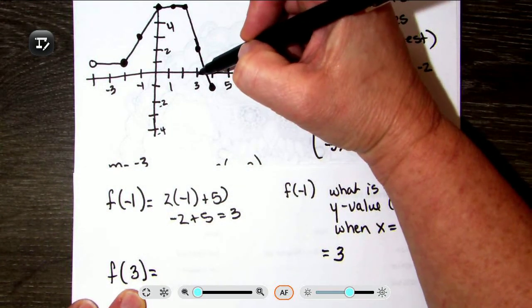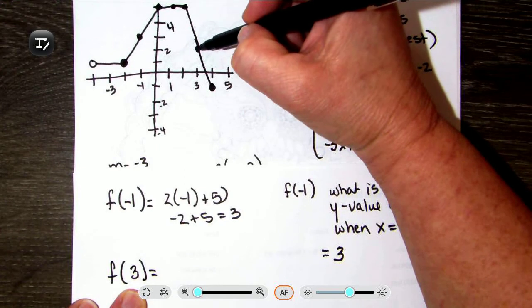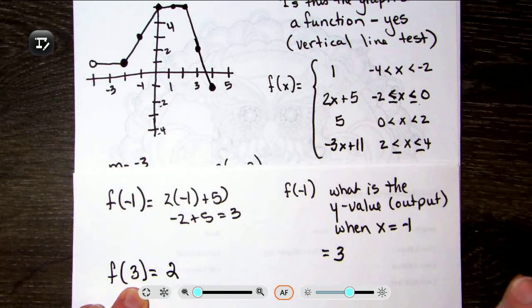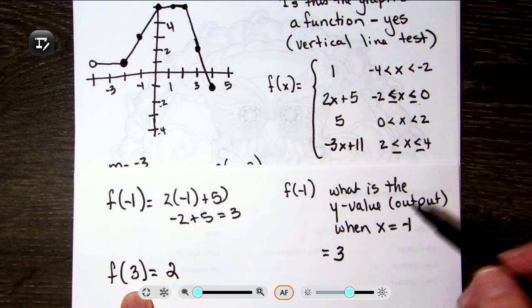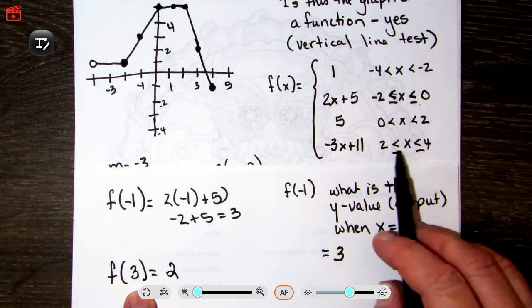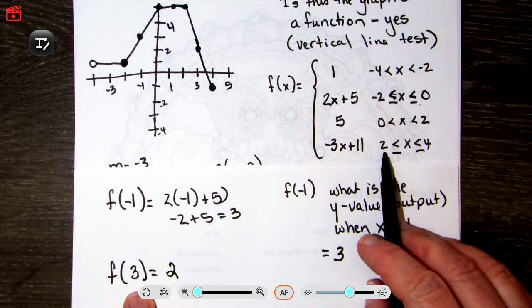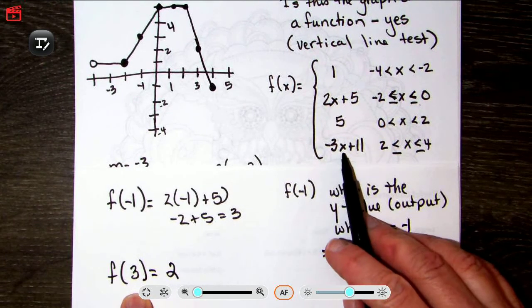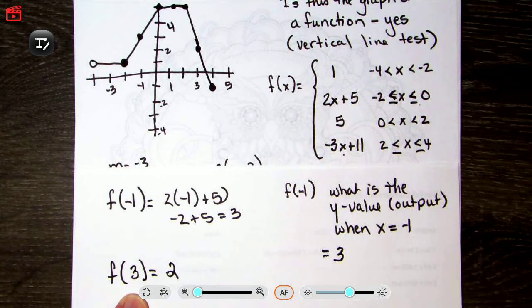So here's x equaling 3, and my y value then is 2. Yes, we could have gone into our equation, which would have been this piece, because 3 is between 2 and 4. Substituting in the 3 there, I get -3 times 3, which is -9, plus 11 gives me that 2.